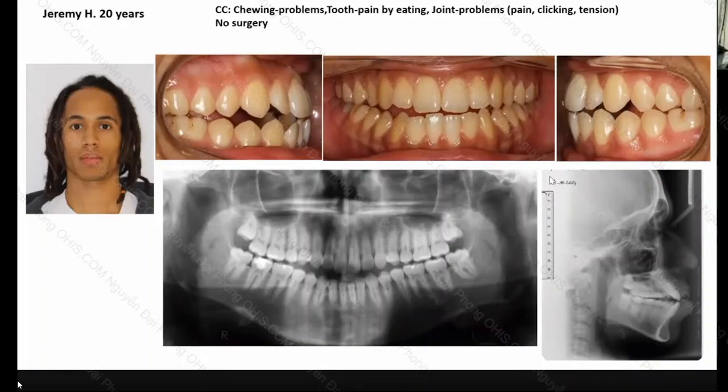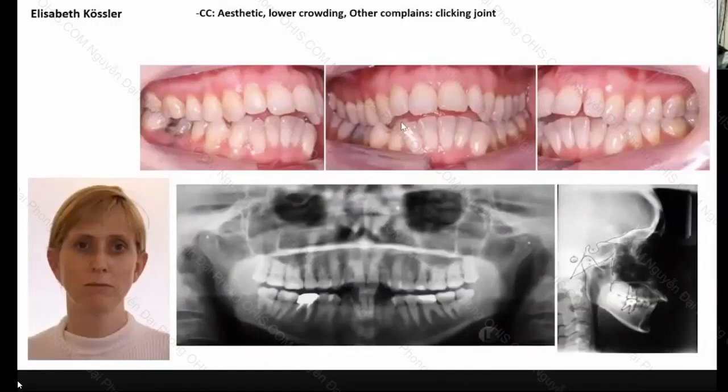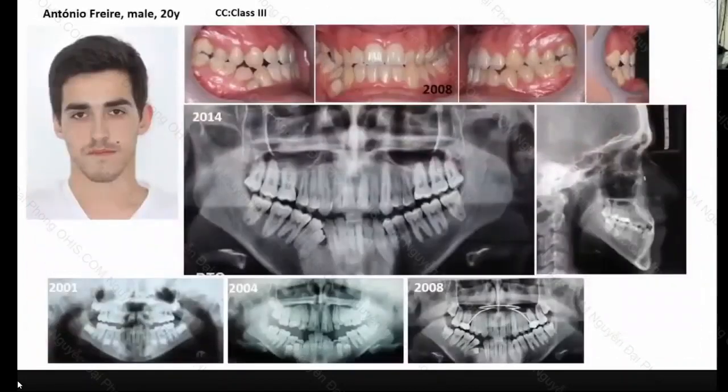Another case, same. I don't know the age, but anyway, this lady also has third molars erupted, but some anterior crowding, anterior open bite, this kind of problem. Another case, a 20 years old boy, with fully erupted third molars, but pretty severe crowding and class 3 occlusion.